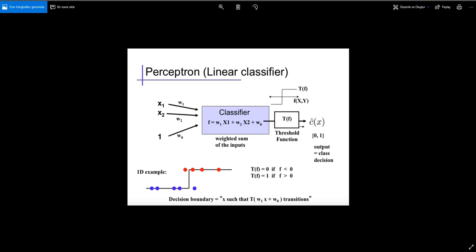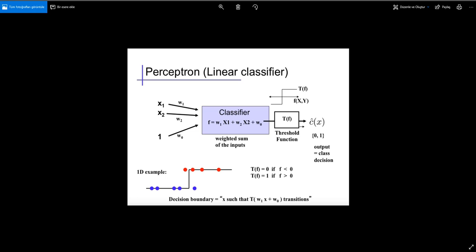We solve the simple threshold: 0 or 1, if F is smaller than 0 the output is 0, greater than 0 the output is 1. Generally, some math concepts need thresholds, because when you look at your high school times, you will see some functions, and I graduated from the physics department.